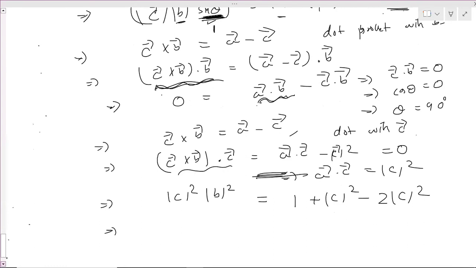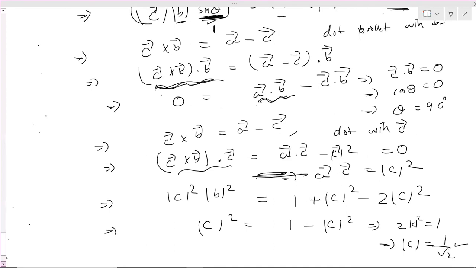Mod B is also 1. So mod C square equals to 1 minus mod C square. So 2 mod C square equals to 1. So mod C equals to 1 upon root 2. Everyone clear about this?